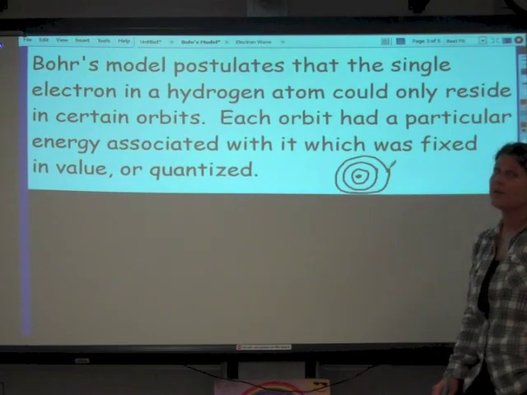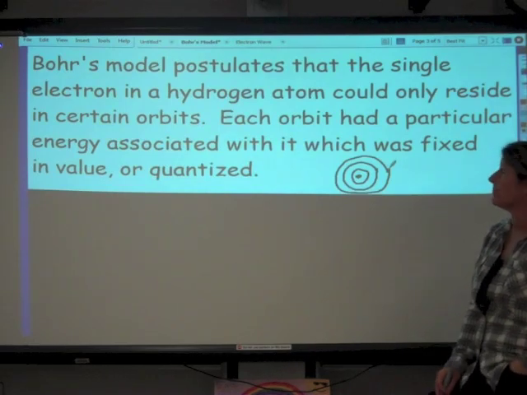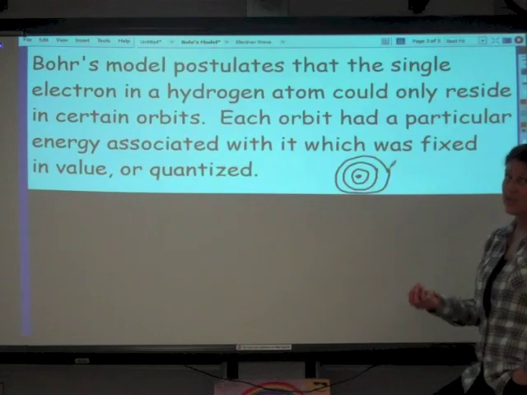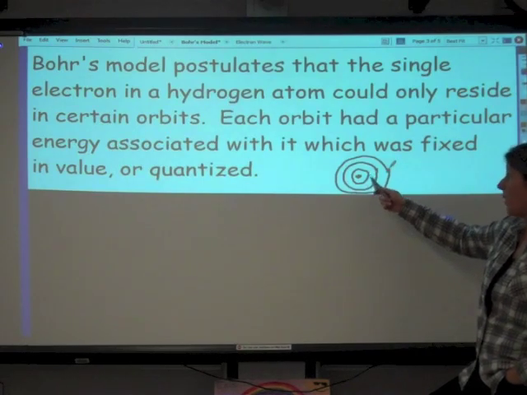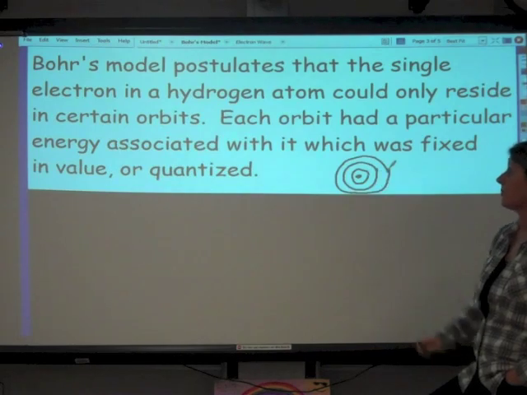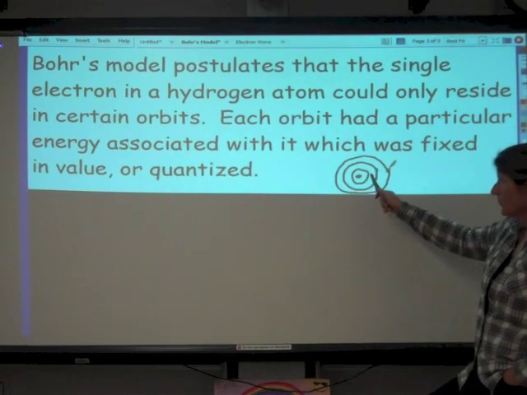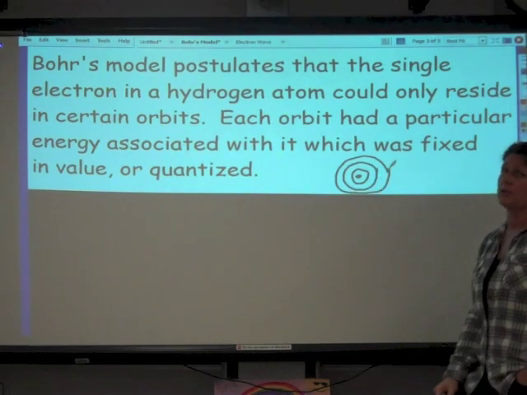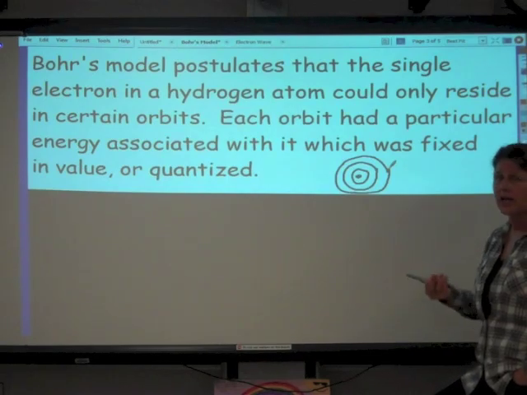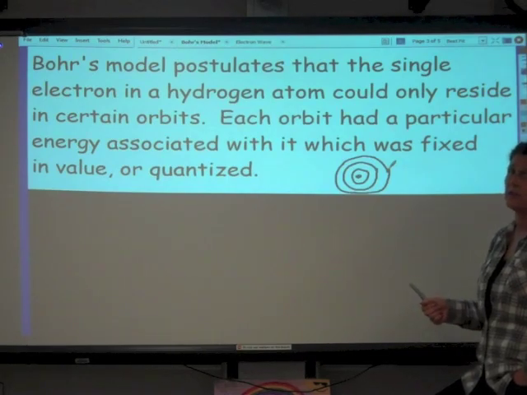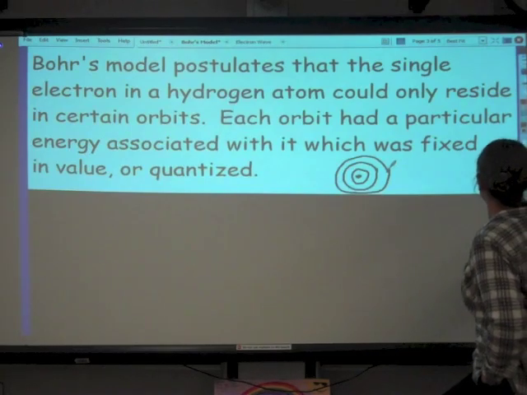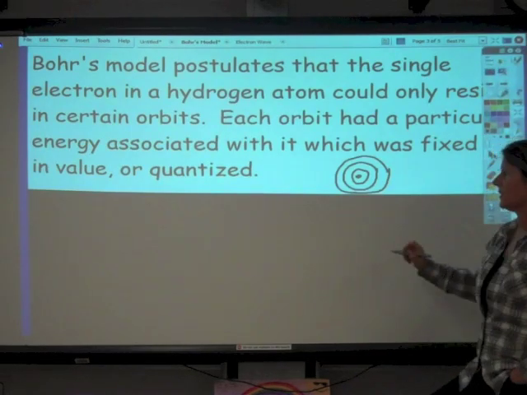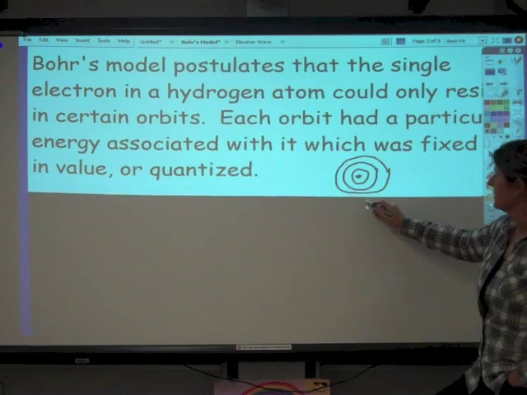And the amount of energy that the electron possesses is fixed in value, or quantized, depending on which of these orbits it's in. The further we get from the nucleus, the more energetic the electron has to be to inhabit that particular orbit. Okay, so that's the first part, his explanation.